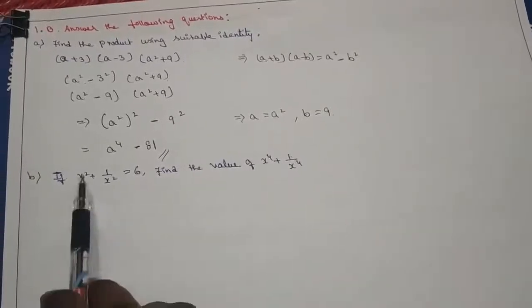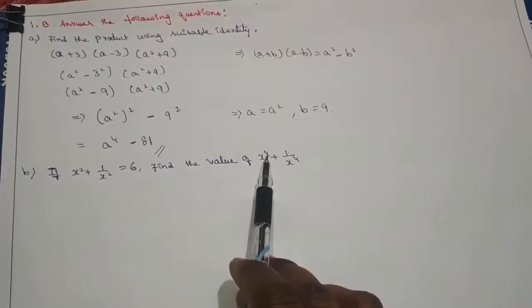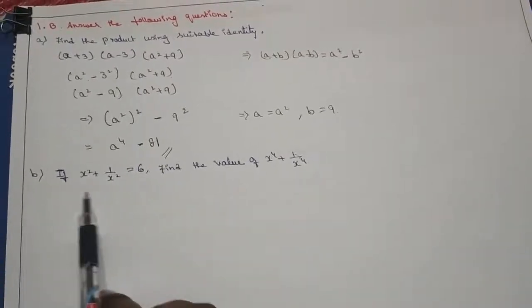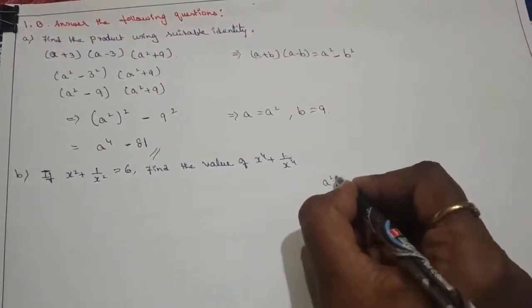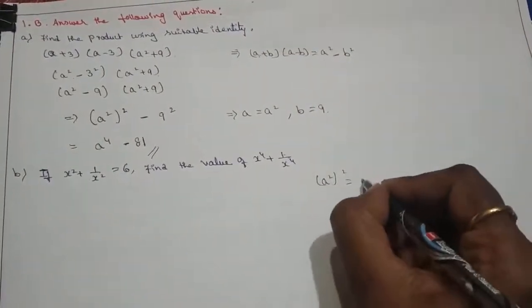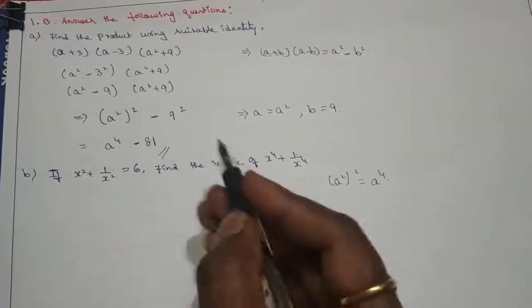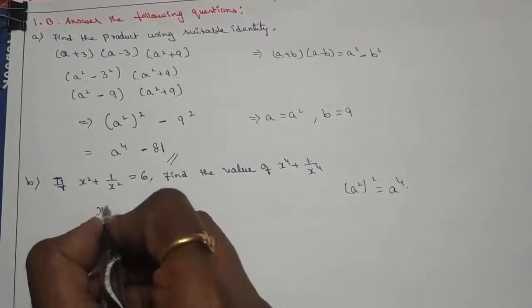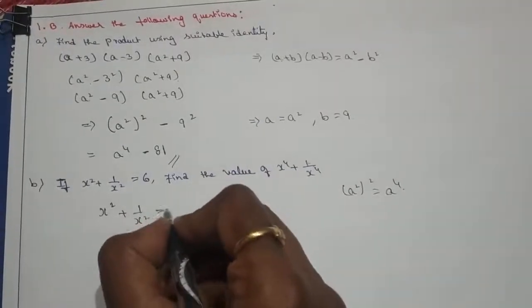So square should be changed into power 4. So can I square both sides? Because we know that a square whole square is nothing but a power 4. Means the given equation should be squared. So consider the equation x square plus 1 by x square equals 6.